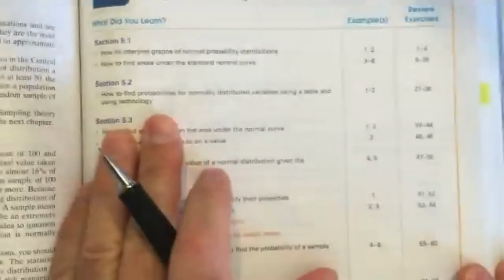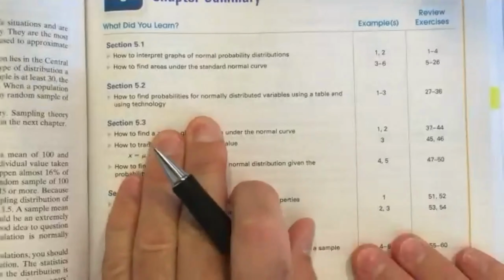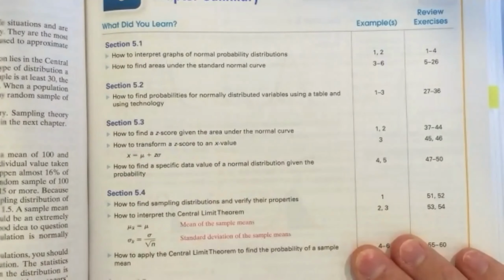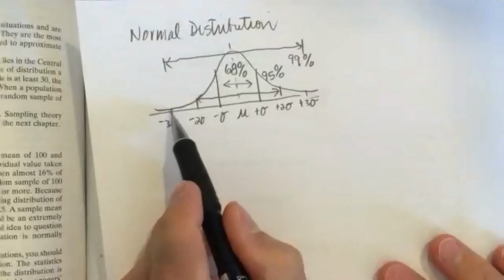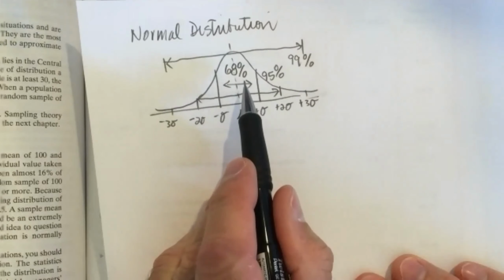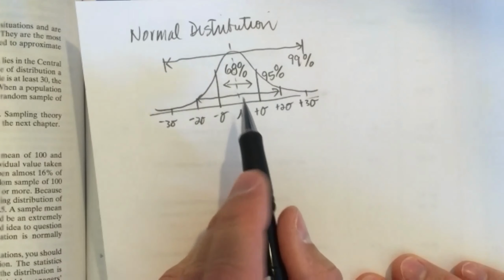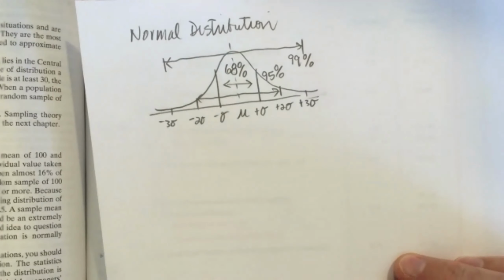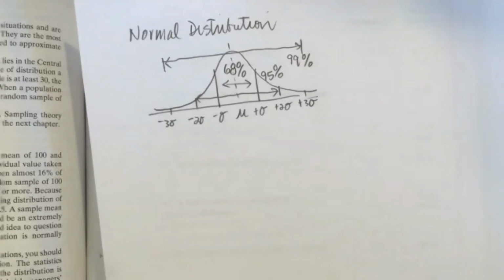Then in section 5.2, we wanted to figure out how to use probabilities for normally distributed variables. We said we can use this curve to find the area, and the area is directly related to the probability that it falls in a given region. So the probabilities and the areas turn out to be the same thing.